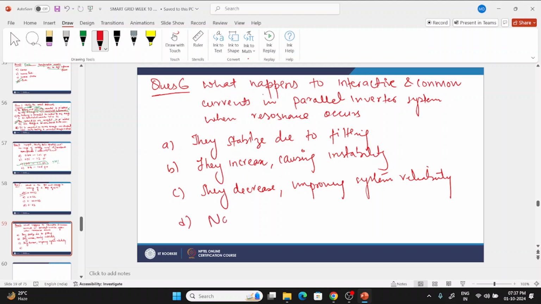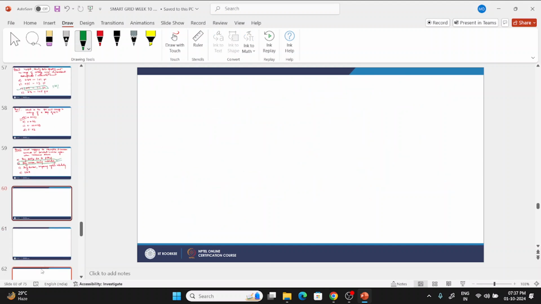D, none of the above. What happens is that when interactive and common currents are in a parallel inverter system and resonance occurs, they increase and cause instability in the system. So the B option is the correct one.